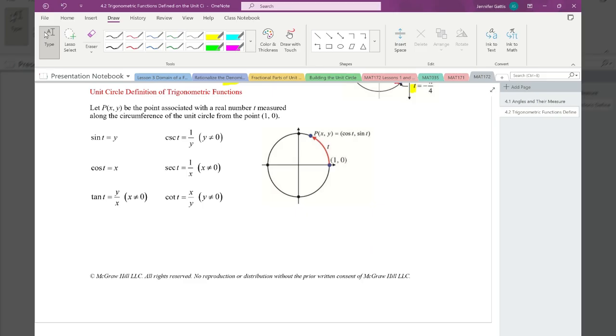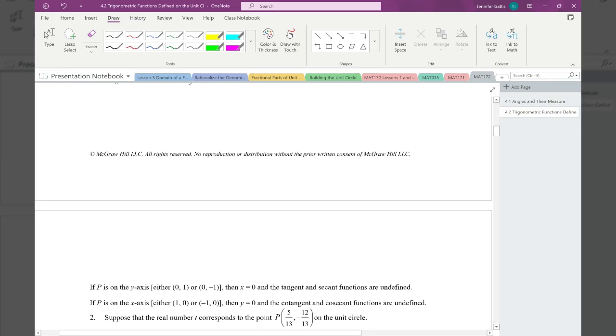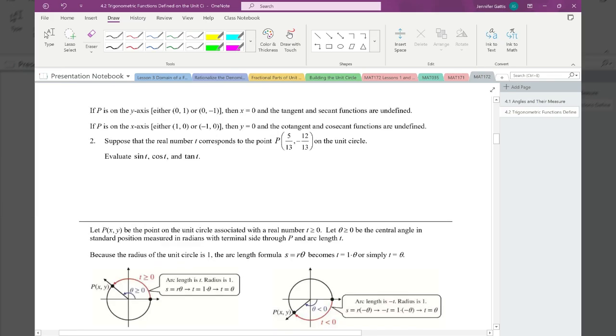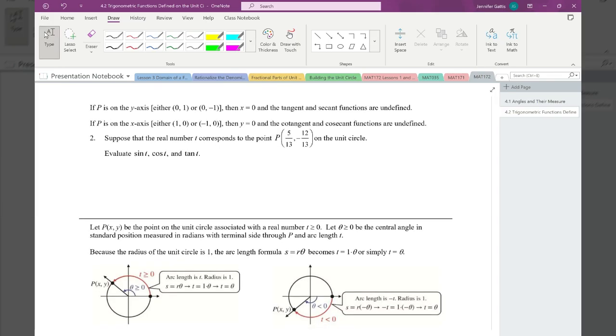And remember, these are coming from those reciprocal identities that we learned. So armed with that knowledge, if the real number t corresponds to this point, we want to find sine, cosine, and tangent.